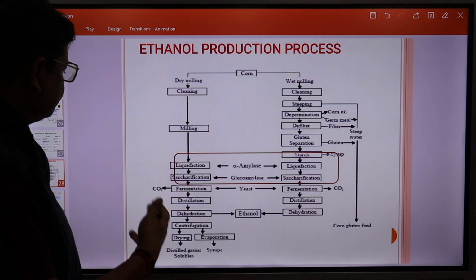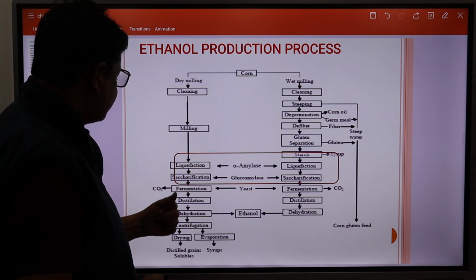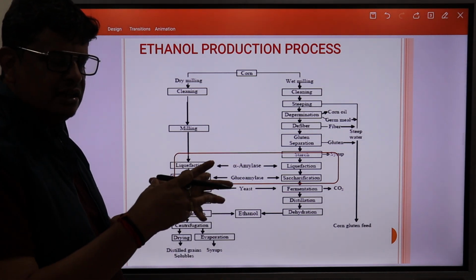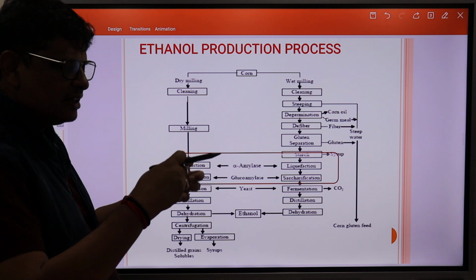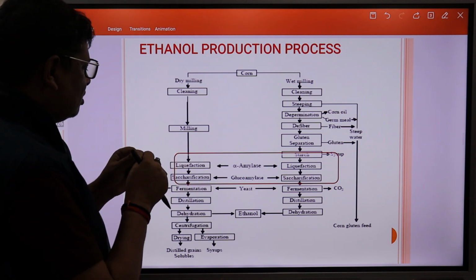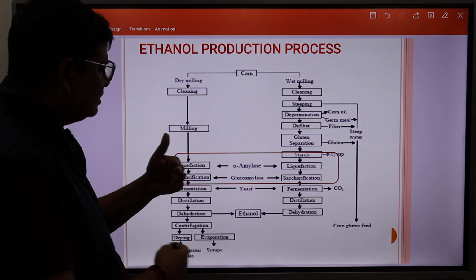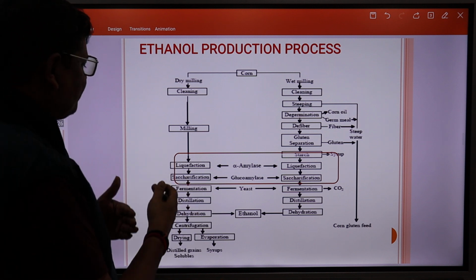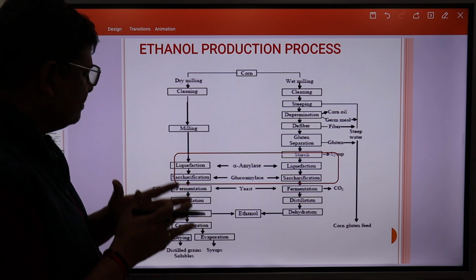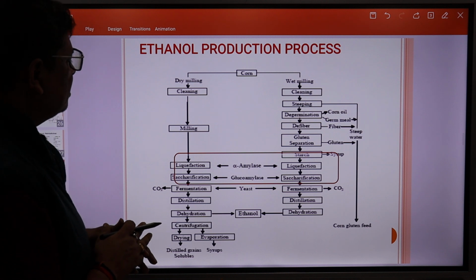You do cleaning, milling, liquefaction, saccharification, which means you are fabricating it, just like taking a cotton ball and making a small ball of it, or proceeding in a linear manner. In due course you sacrifice a lot of energy, and it is not very simple. People are still hunting for the simplest pathways. So this is the established pathway as of now at the industry level.